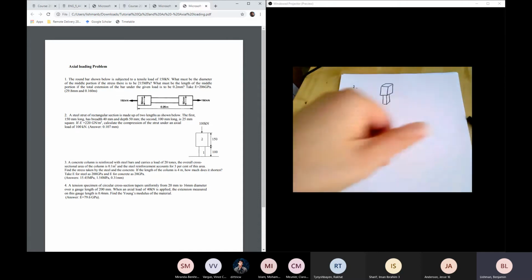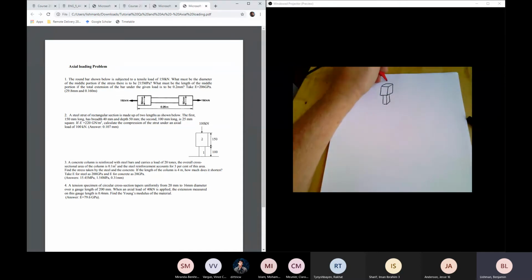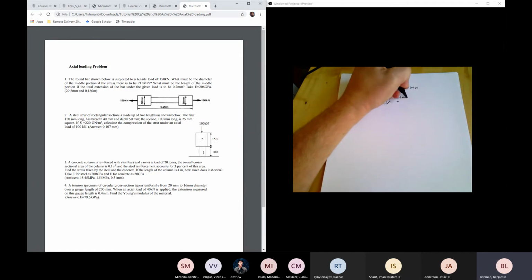There's an overall force of 100 kilonewtons compressing it, and we know some of the dimensions. This is 150 millimeters, which is 0.15 meters, from there to there. And from there to there is 100 millimeters, which is 0.1 meters.